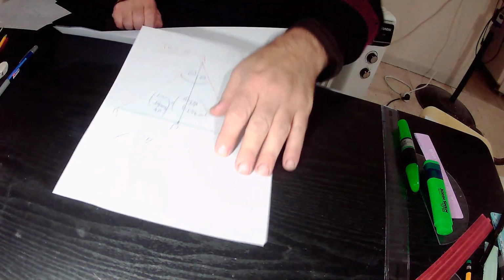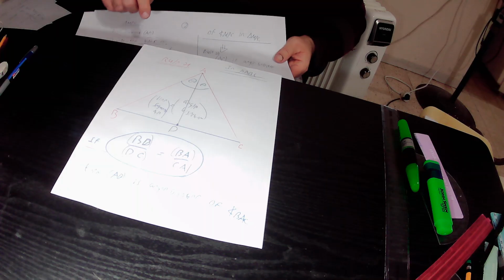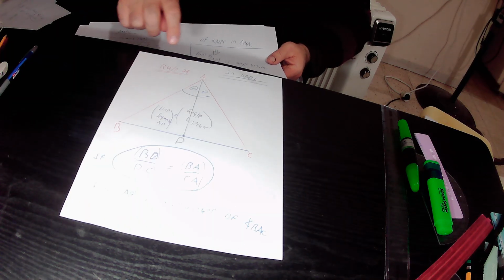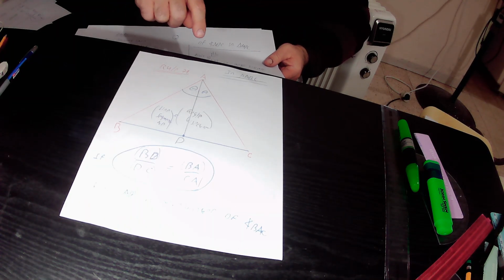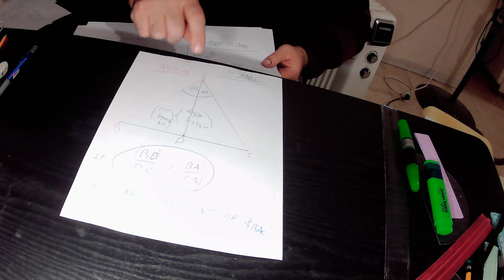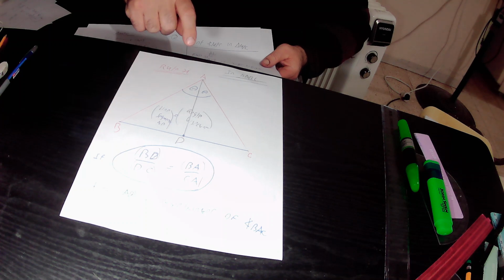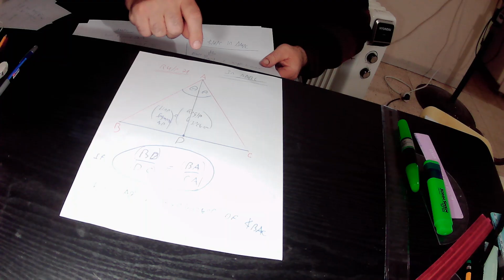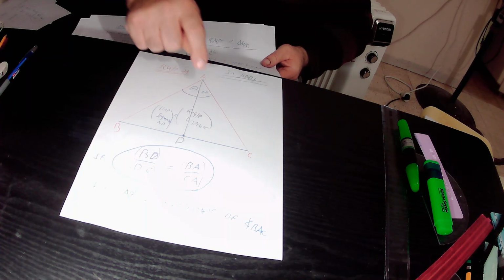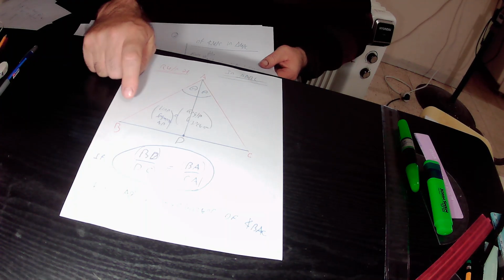According to rule 21, this is line segment AD. We don't know that line segment AD is the angle bisector, but we know that line segment AD divides the sides of this triangle ABC proportionally. That is to say, BD over DC equals AB over AC.